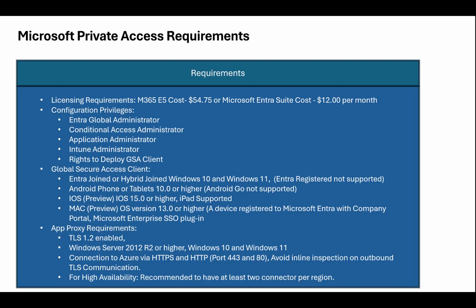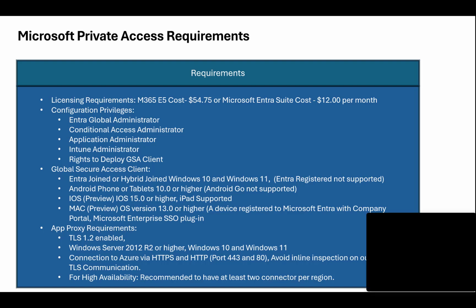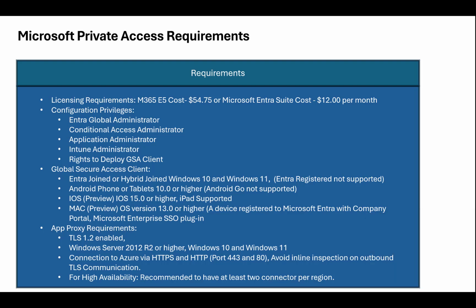Intune administrator, right? So when you deploy, especially in a larger remote access solution where users are distributed across the world, and we would come to the requirement for the workstation too, you would have to distribute the Global Secure Access client and deploy it. How would you do that? Intune is one of your vehicles to deliver your GSA client to your remote users, right?